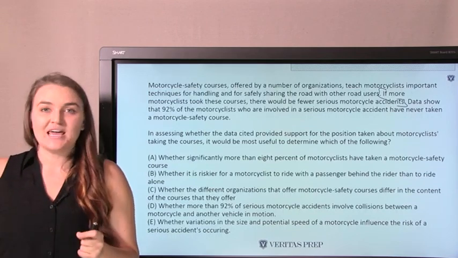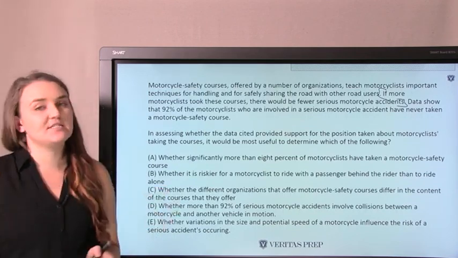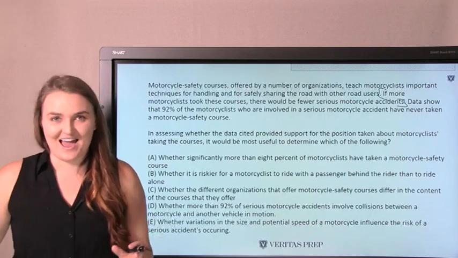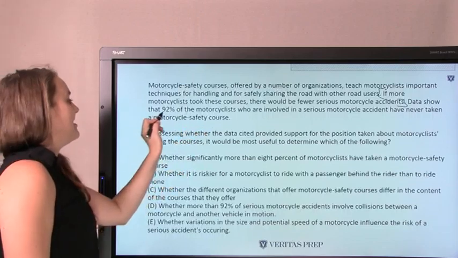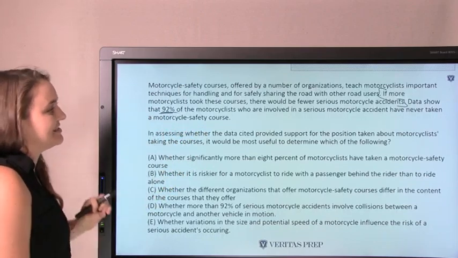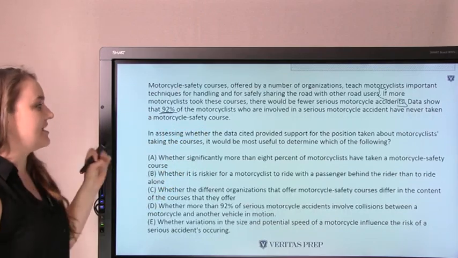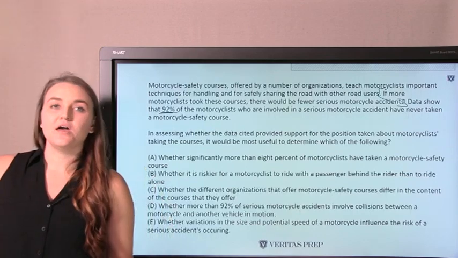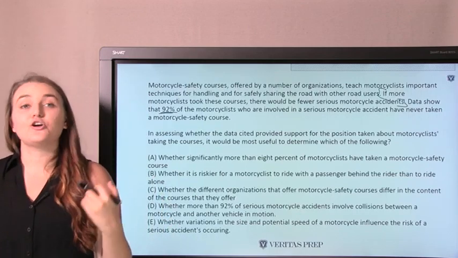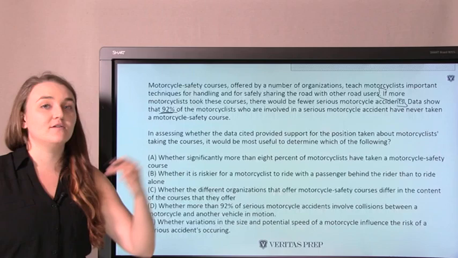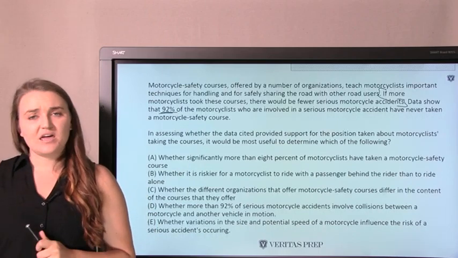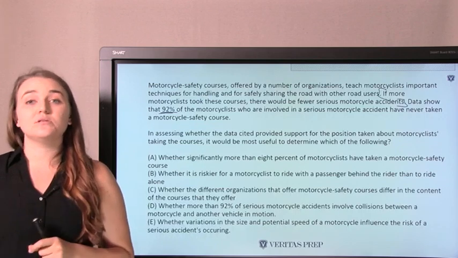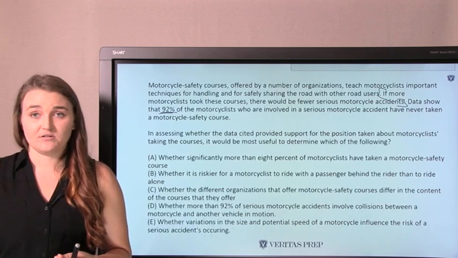But if we don't, it's really easy to let these convincing wrong answers creep their way into your analysis. So in this case, if we're using the data that 92% of motorcyclists involved in an accident have never taken the course to conclude that the courses decrease your likelihood of being involved in an accident, where is the gap in reasoning here? And again, if it didn't jump out at you, you can certainly use process of elimination to get there.